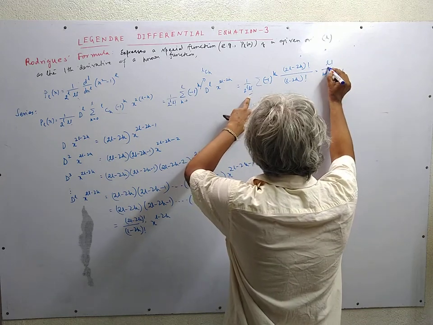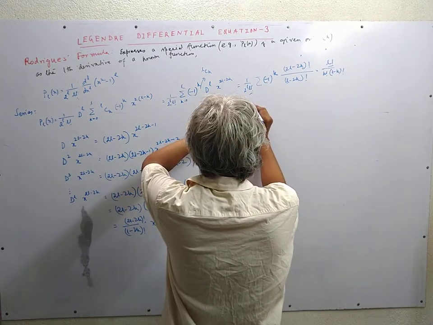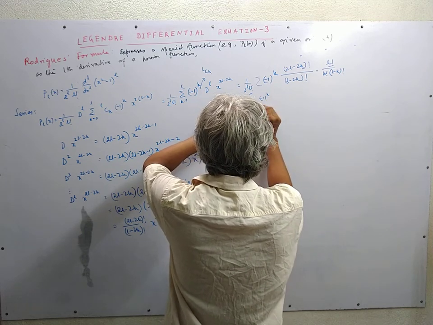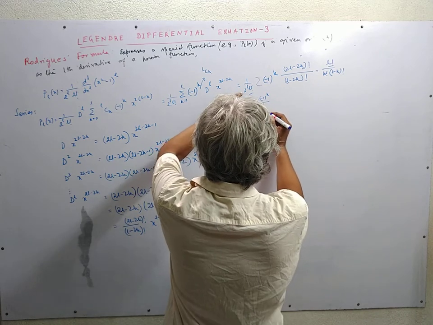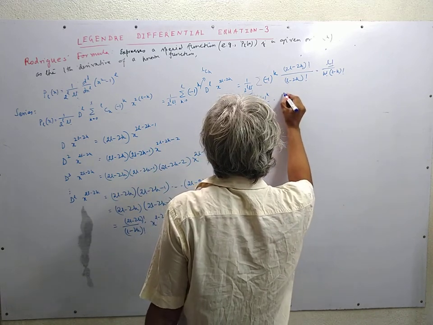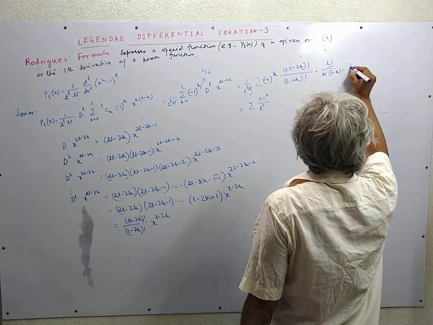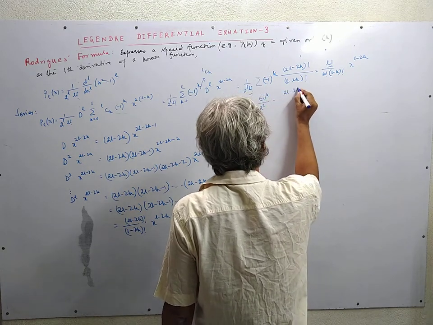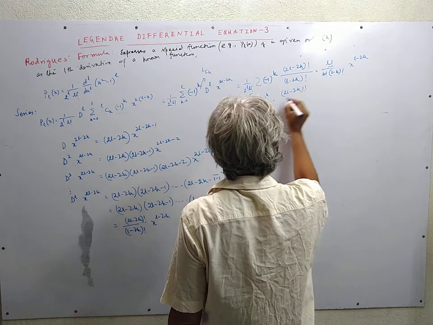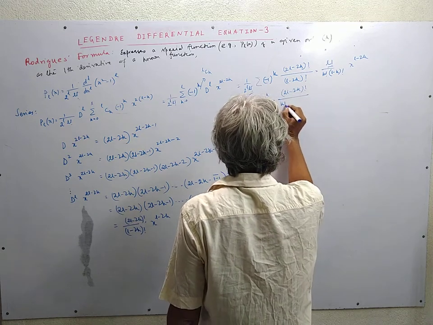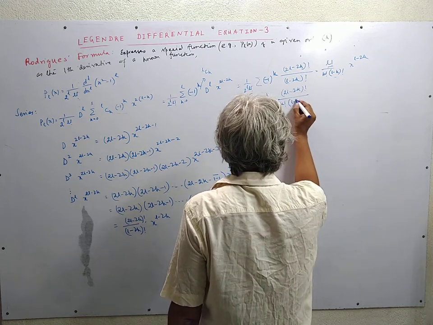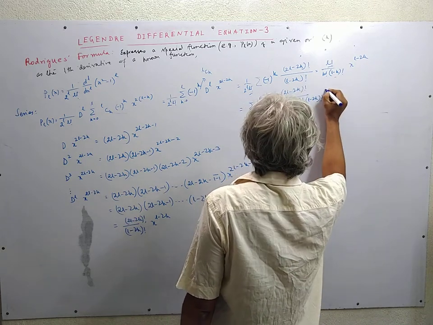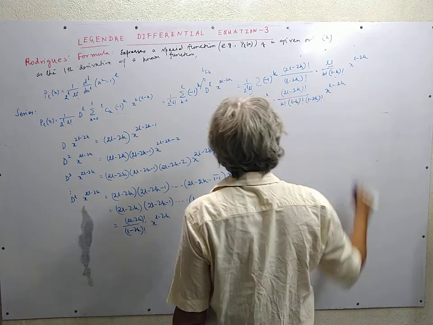This L factorial goes, so we have 2 to the power L in the denominator. In the numerator we have (2L minus 2k) factorial, in the denominator we have k factorial (L minus k) factorial (L minus 2k) factorial, x to the power L minus 2k.